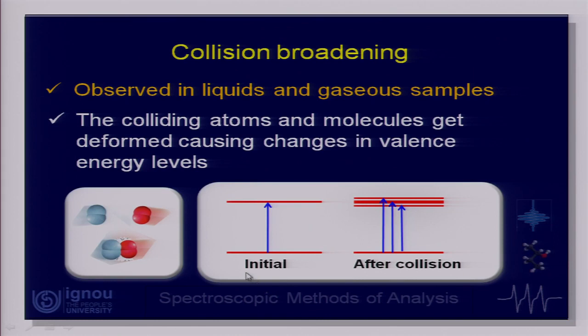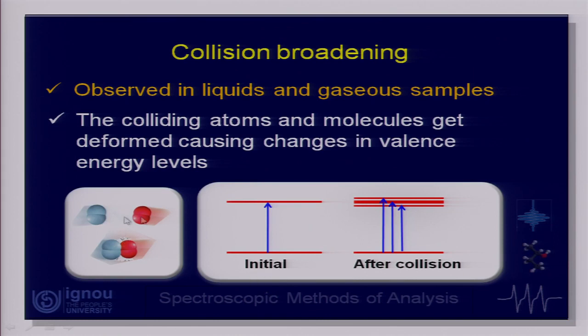Okay, let us understand the first one first, that is, what is this collisional broadening? This typically is observed when the sample happens to be in the liquid or in the gaseous state. And what you find is that you have a molecule there. Suppose this is a static molecule, and in this molecule there are certain energy levels. Say this is the one I am referring to here.